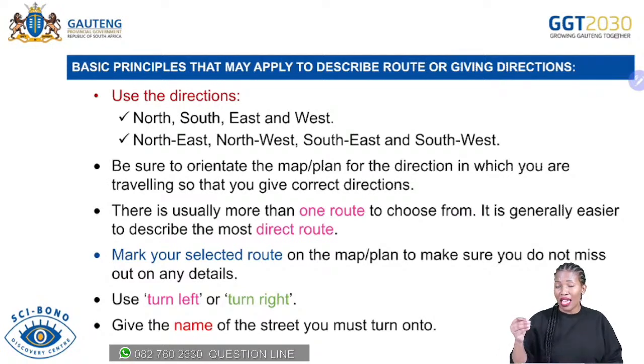How did I give those directions? How do we allocate the marks? One, you are going to get a mark for mentioning from the classroom. Where must I go? Do I turn left? Do I turn right? One mark for that. And then after that, for mentioning the important landmarks. In this instance, you mentioned the computer lab. You will get a mark. You mentioned the girls' bathrooms. That is very important.